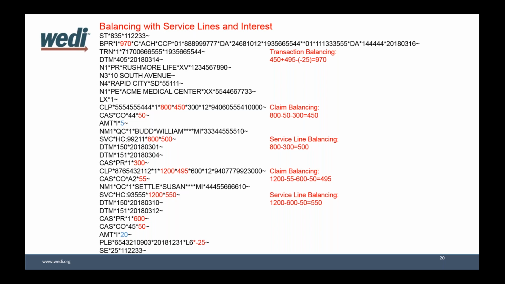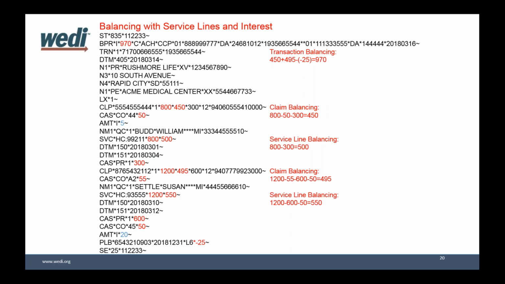And moving up, our next service level is the 800 minus 300 equals 500. So that's 500 that will carry up to the claim level, and then we have $50 that we need to subtract. So that makes it an easy 450 for us. So now as we get to the top of the transaction, we actually have 450 plus 495, so that's the net paid of our claims, minus the 25, which results in a net payment for the transaction in BPR02 of $970.